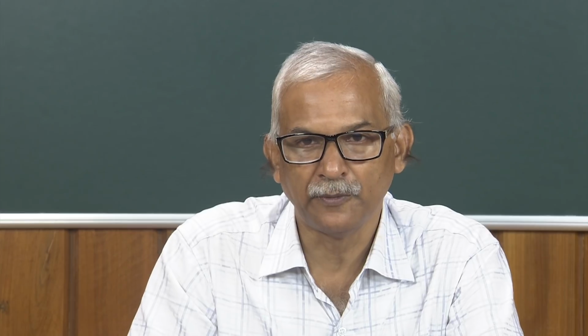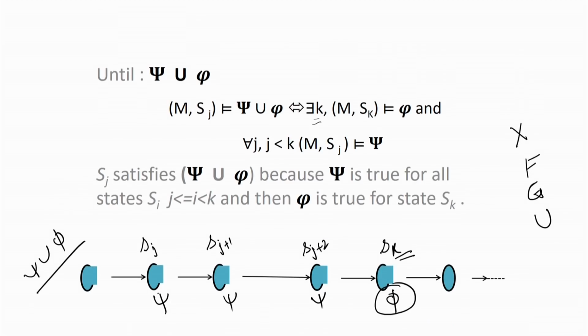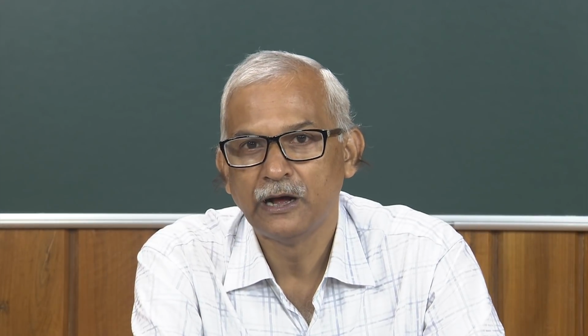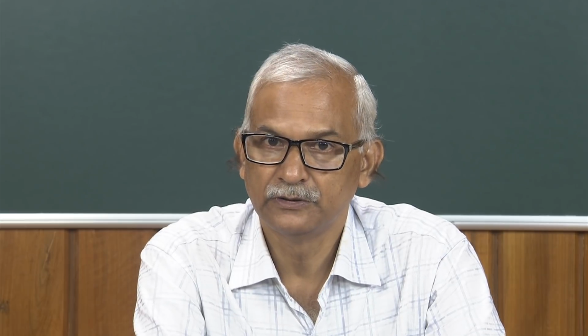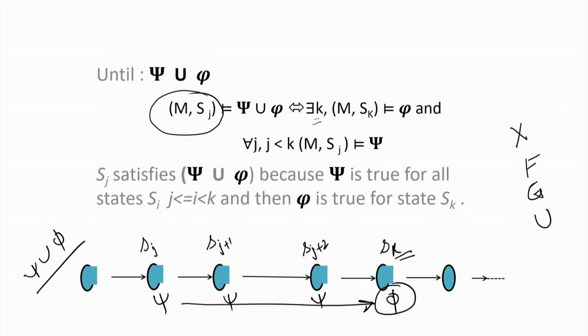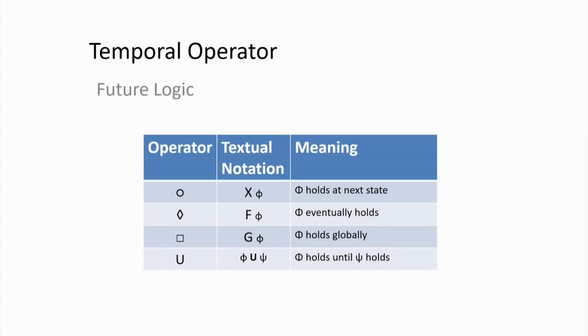If it is a path formula, then we talk about the truth values of the formula in a particular path. But here, we are defining the truth values of the temporal operator in a state. Okay. So, these are the 4 basic operators that we have.